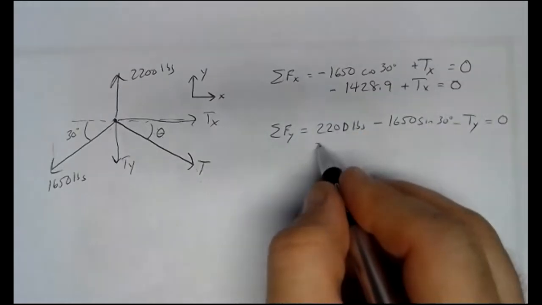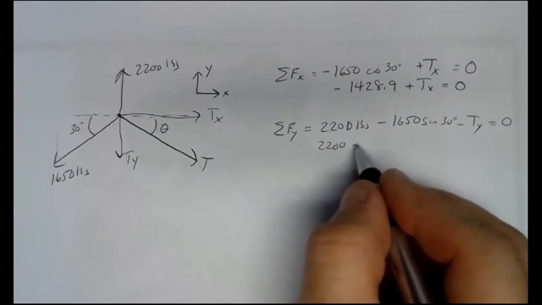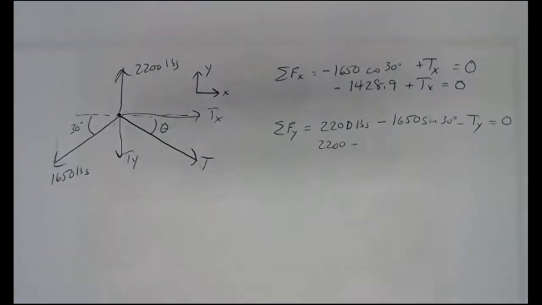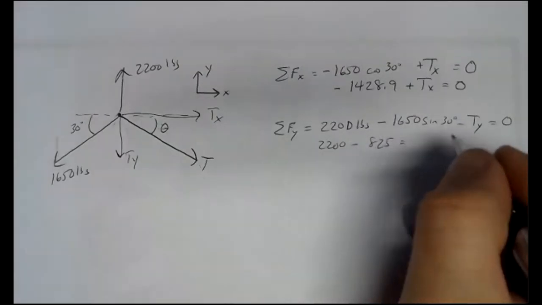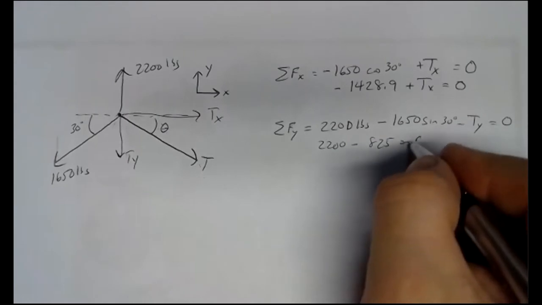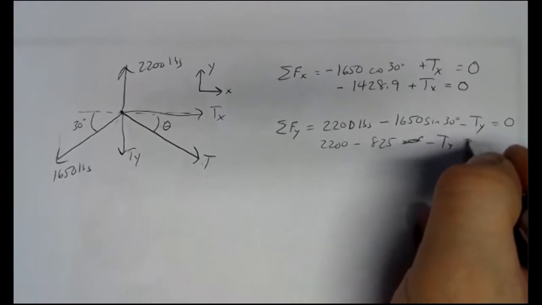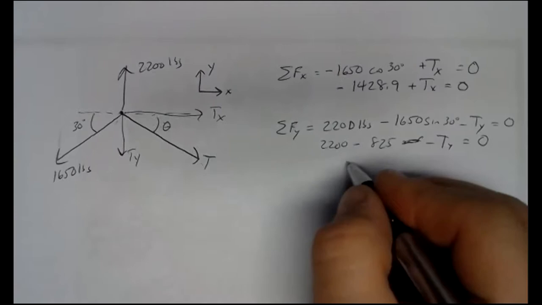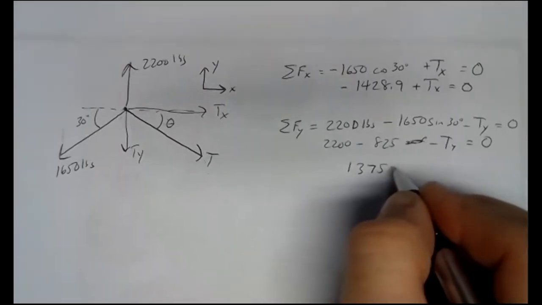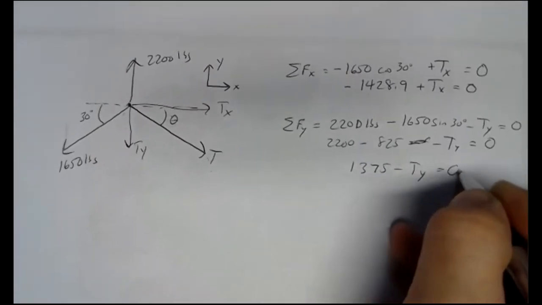And here we've got 2,200 pounds minus 1650 sine of 30. That's 825. Minus Ty equals 0. So that'll give us 1375 minus Ty equals 0.